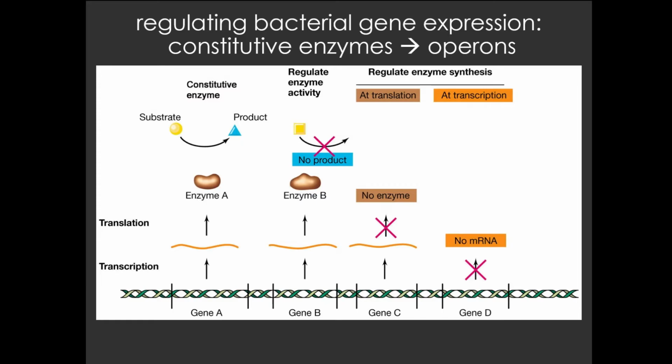And they will do that in a variety of different ways, by controlling whether enzymes are on or off, or by controlling whether or not a particular gene is transcribed or a particular messenger RNA is translated. And depending on how strict the control the microbe wants, it can go anywhere from having an enzyme that's never controlled to an enzyme that's so heavily controlled that even the transcription of the gene is controlled.